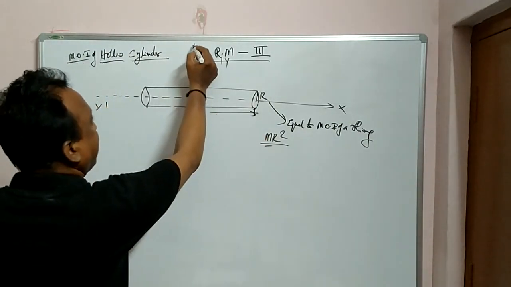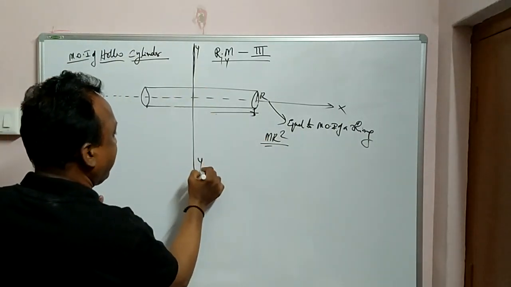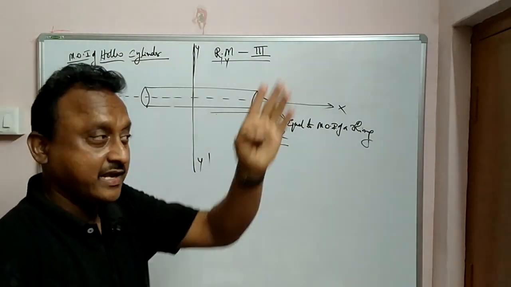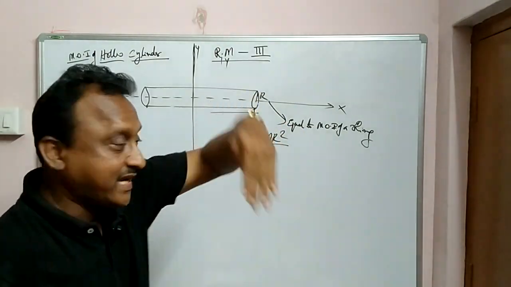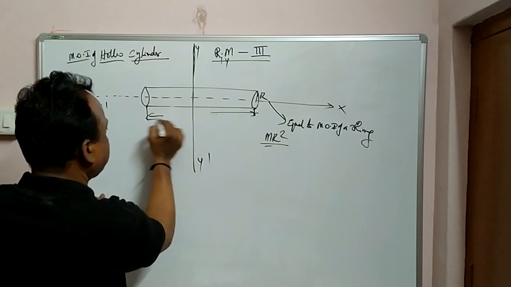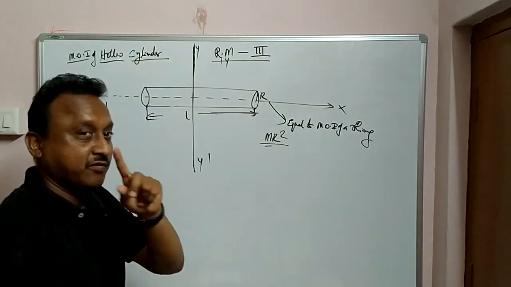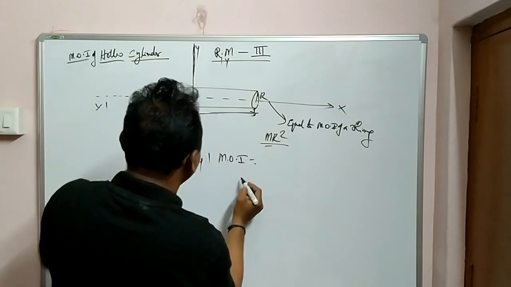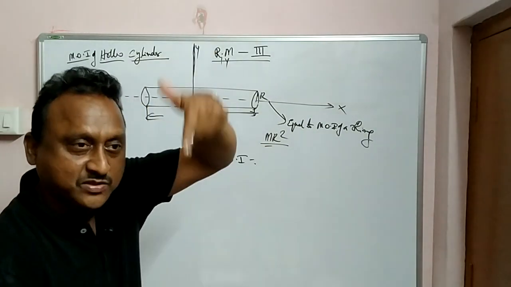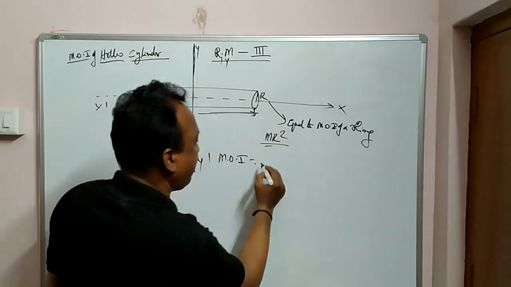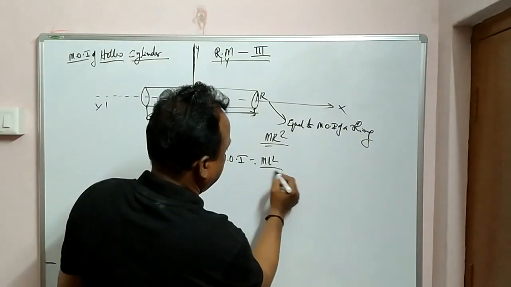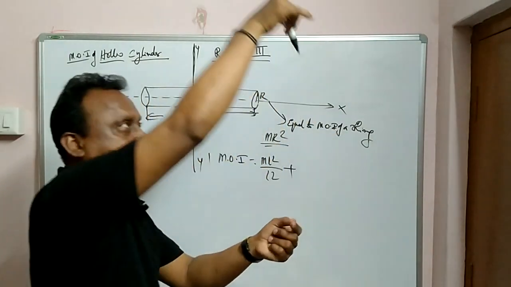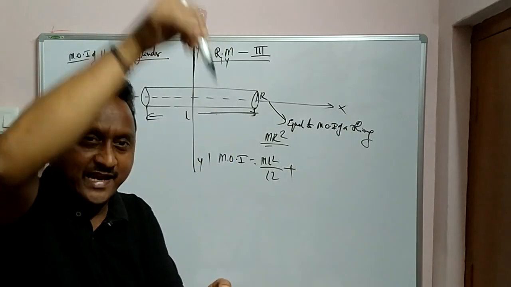Suppose you ask about an axis y dash, for the hollow cylinder, an axis perpendicular to the length. Moment of inertia about the length, as already derived, is ml square by 12, and this axis is cutting the diameter again.